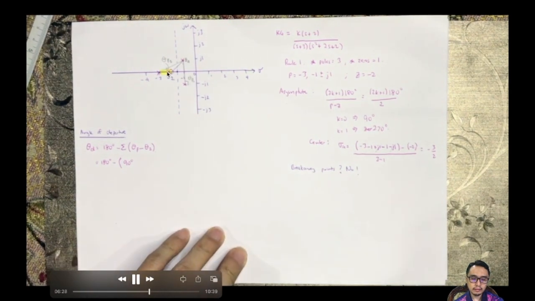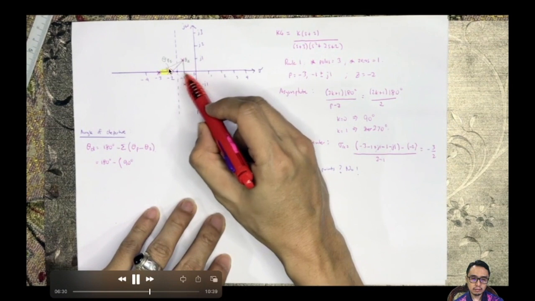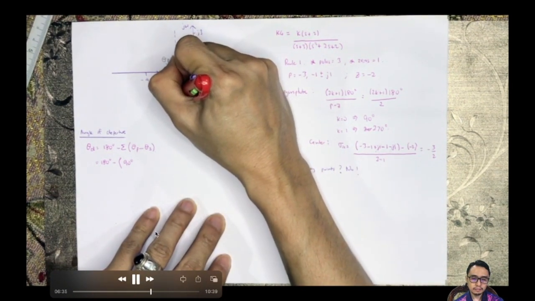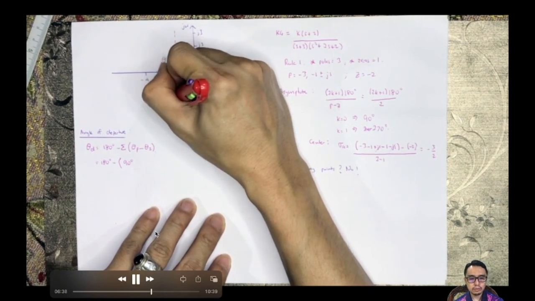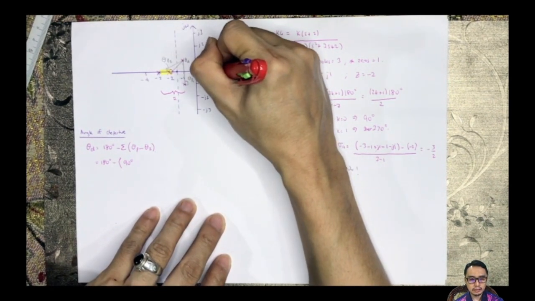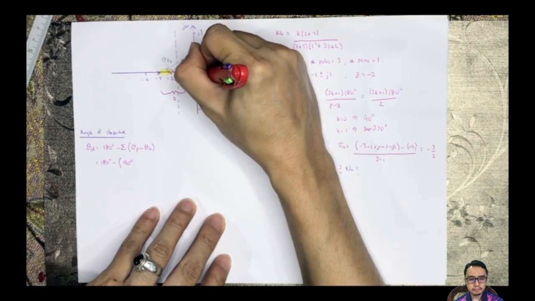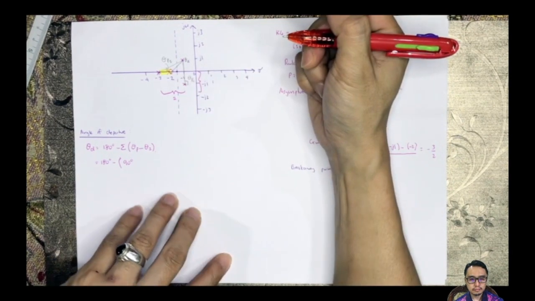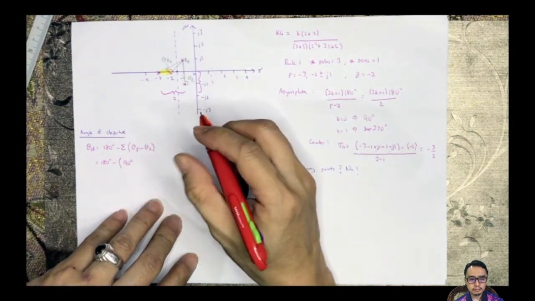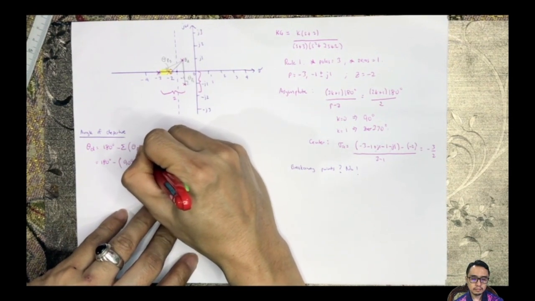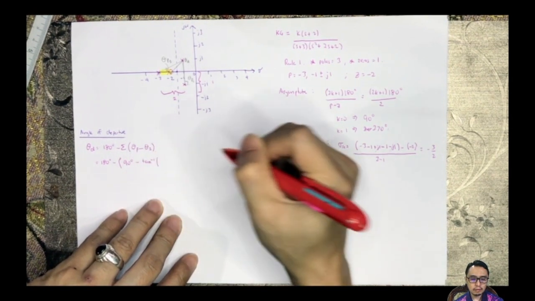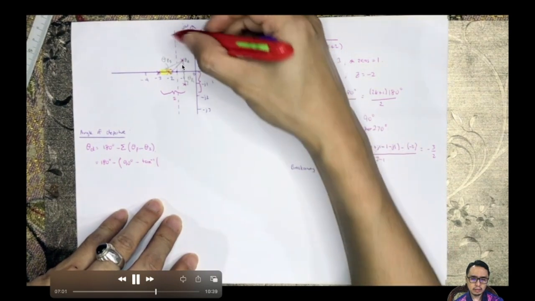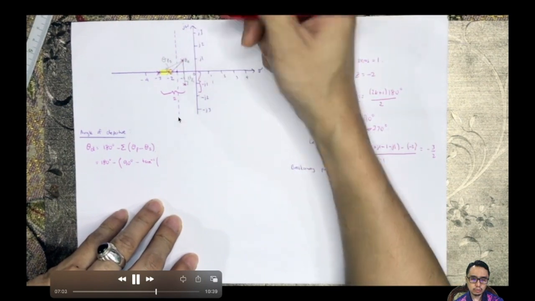So how do we find the other angle? For example, in this case, you can just use the inverse tangent to find the angle. So that will be the tangent of, it should be 1 over, this length is 2.